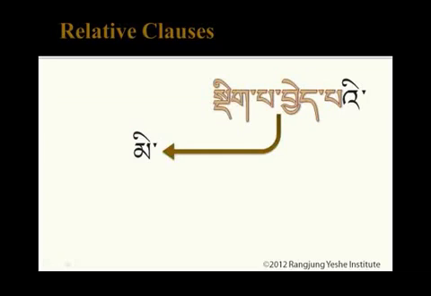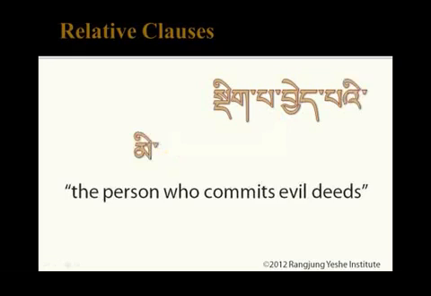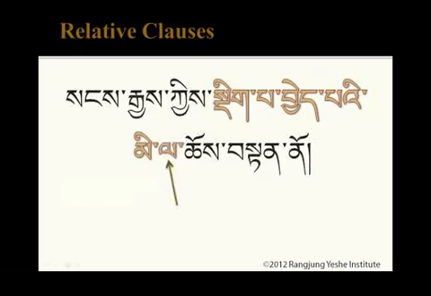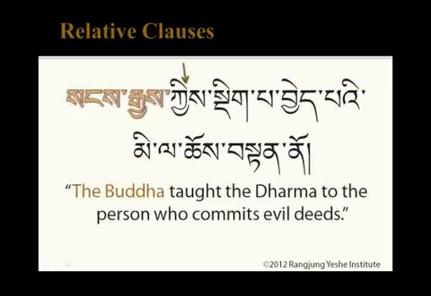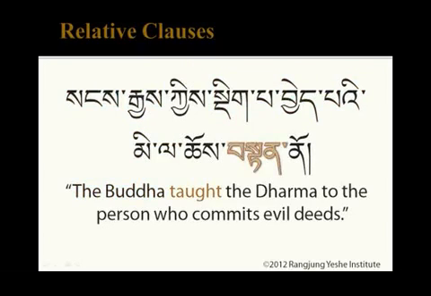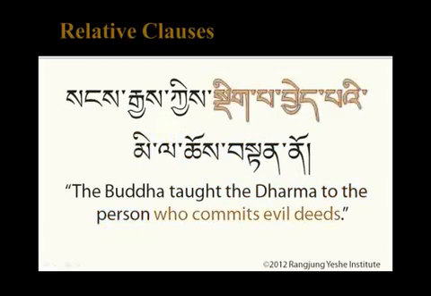If this modifies the noun mi, we can translate this as the person who commits evil deeds. Now, remembering that mi is marked with the la particle, we know that it's the person to whom the Buddha taught the Dharma. So altogether, this sentence reads, the Buddha taught the Dharma to the person who commits evil deeds.